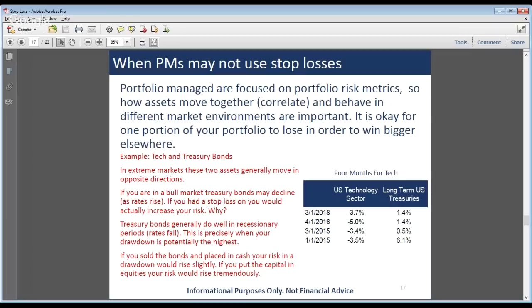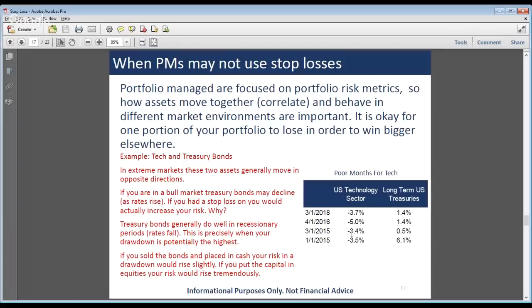Treasuries generally protect you in drawdowns and downside events. So let's think about this. If you're in a bull market, the economy is going great, tech is kicking butt, what might happen? The Fed might raise rates, even though people watching this might not like central banks. Interest rates go up, and the value of the bonds you're currently holding might go down. You might be losing money on your bonds.